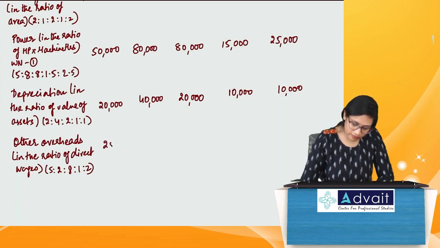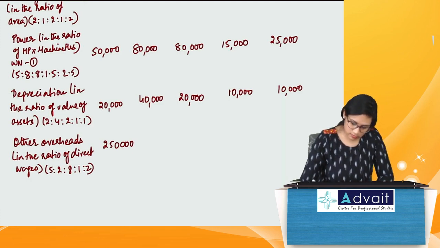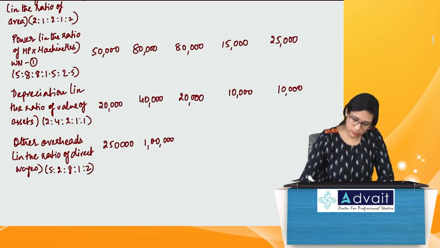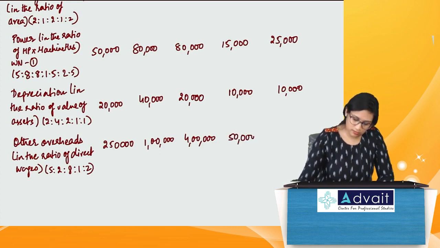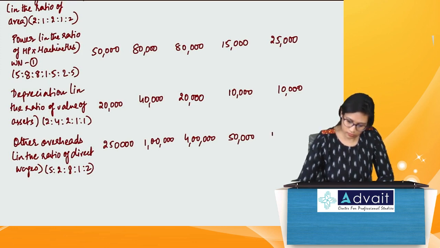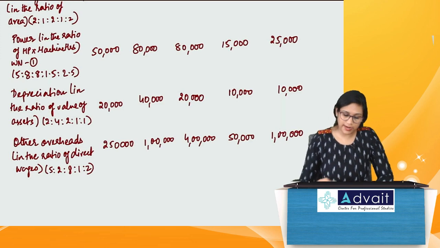So first one is 2,50,000. Next 1 lakh. Next 4 lakhs. 50,000. 1 lakh. Please check if you've got this right.